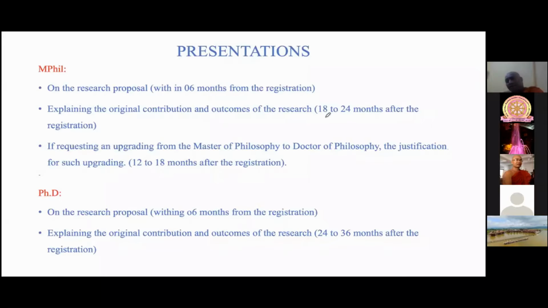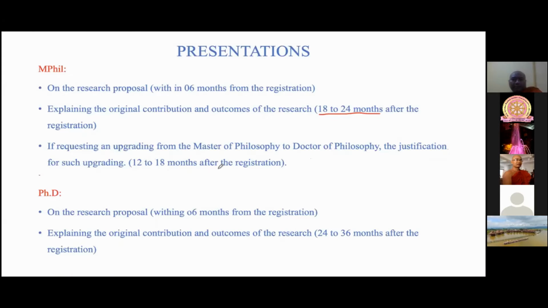About this, I will discuss in the next slides. These 2 steps are only for research at M.Phil level. But the next step is requesting an upgrade from the Master of Philosophy, M.Phil, to the Doctor of Philosophy, PhD level.